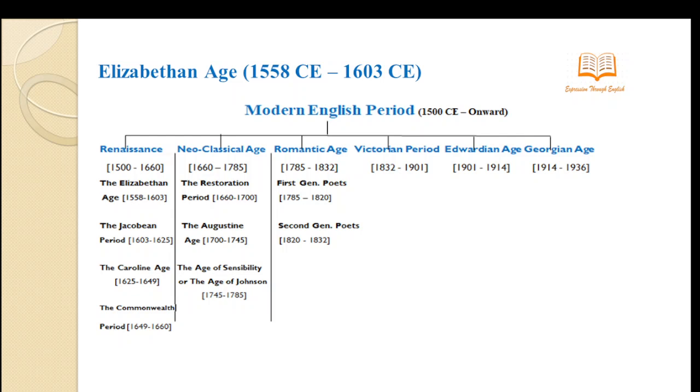In the Renaissance period we have different ages, and the first age that we are going to discuss today is the Elizabethan Age. Soon after it we would discuss Jacobean Age, Caroline Age, Commonwealth Age, and then we would move to New Classical Age, Romantic Age, Victorian Age, Edwardian Age, and Georgian Age.